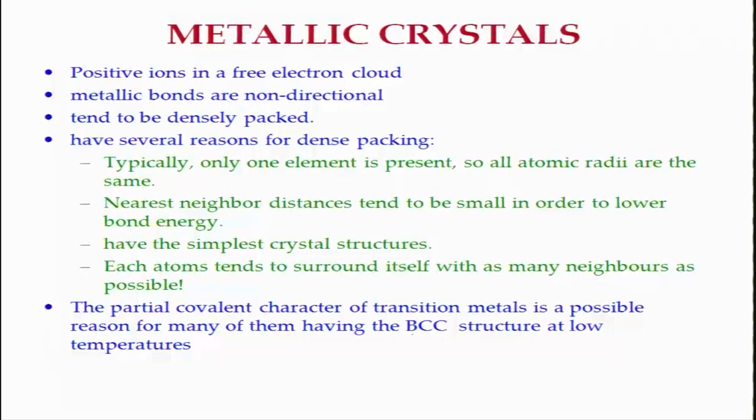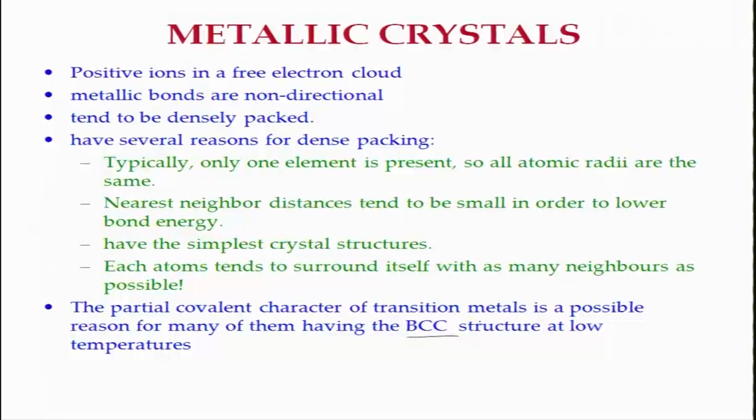BCC structure has a lower packing density compared to, for example, the FCC structure. So although we say they tend to be densely packed, some materials are not so densely packed compared to others, and there are reasons in terms of bonding.